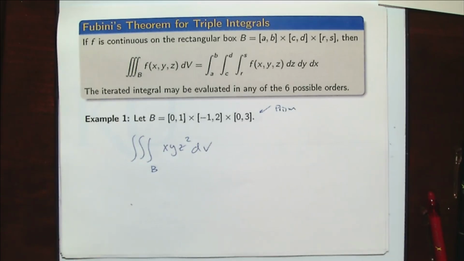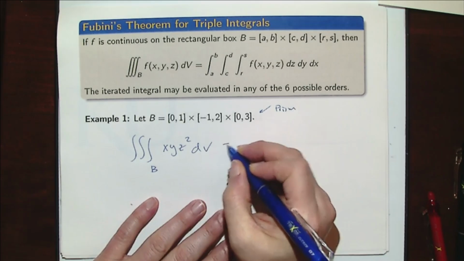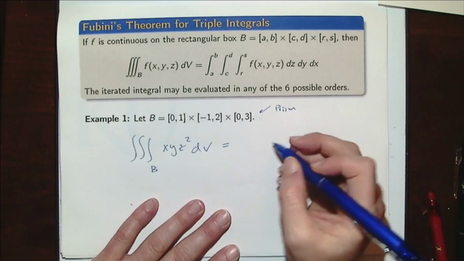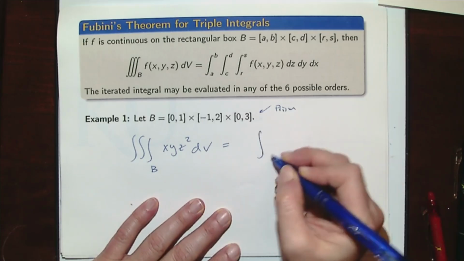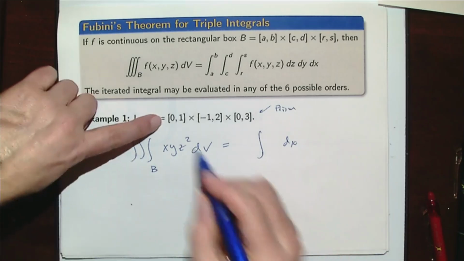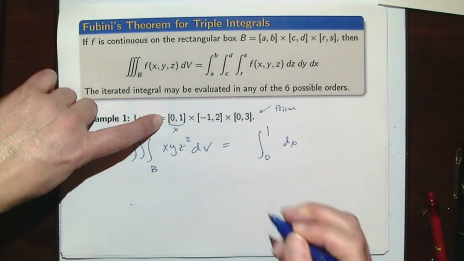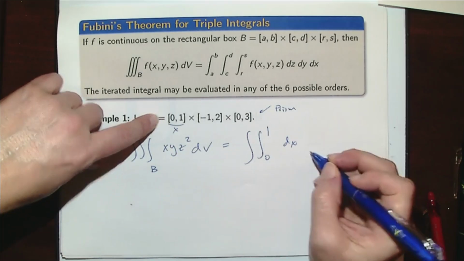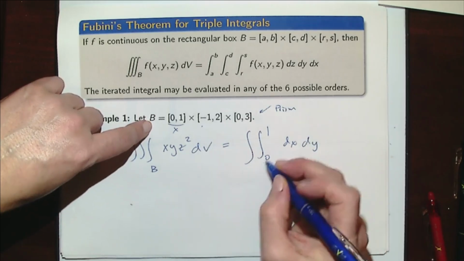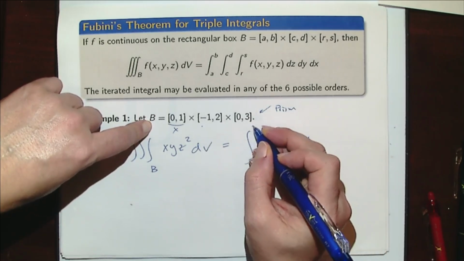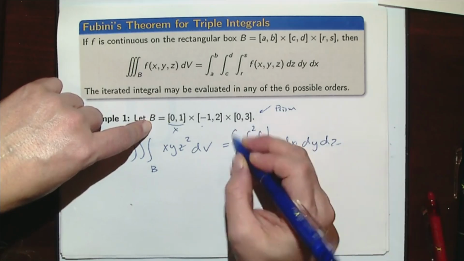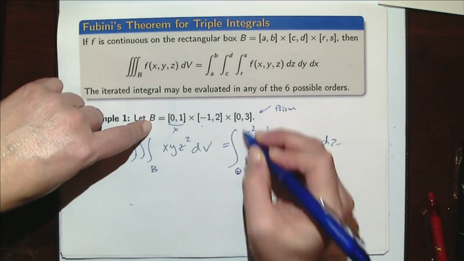Let's write it as an iterated integral. X first or Y first? Which one do you want? X first. X goes with that. Then Y. Y goes with that. Then Z. Z goes with this.